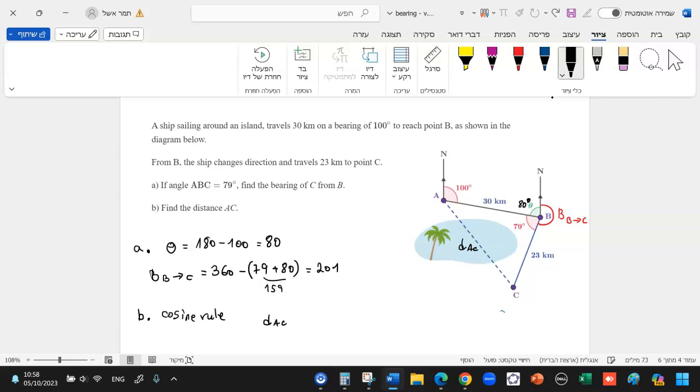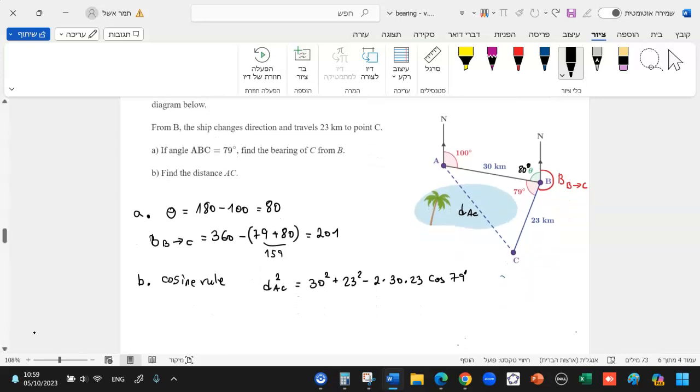The distance squared equals one side squared plus the other side squared minus 2 times the sides times cosine of the angle between them, which is 79. We can solve for D. It turns out to be 34.14 kilometers.